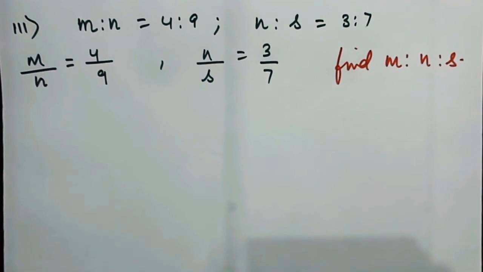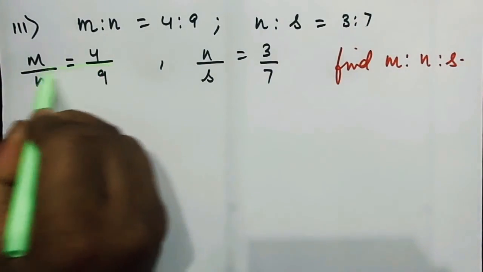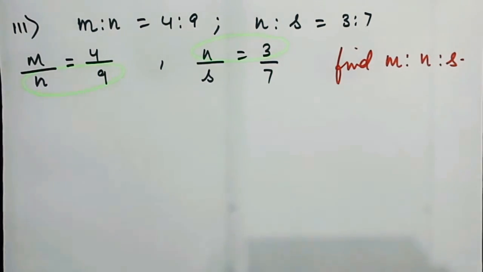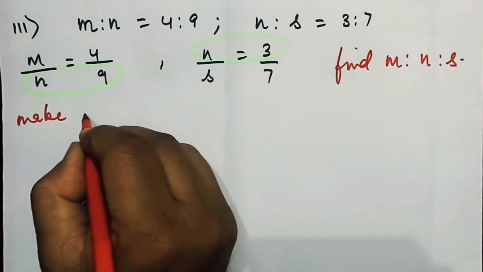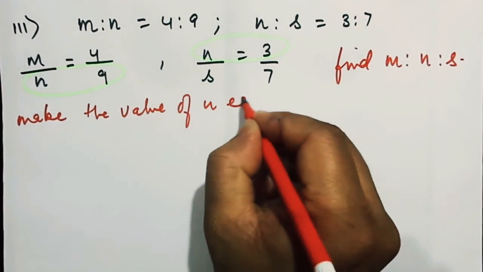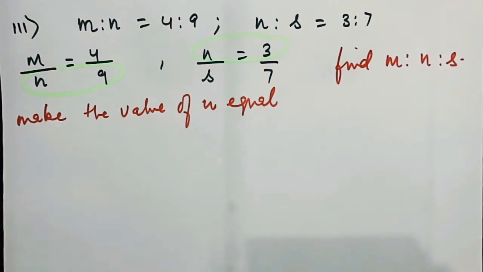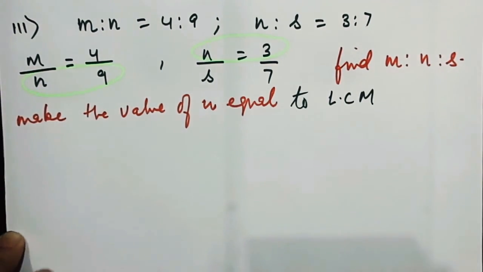Then what are you going to do, my dear? I am seeing that this n occurs two times with different values. So we are going to make the value of n equal to their LCM.